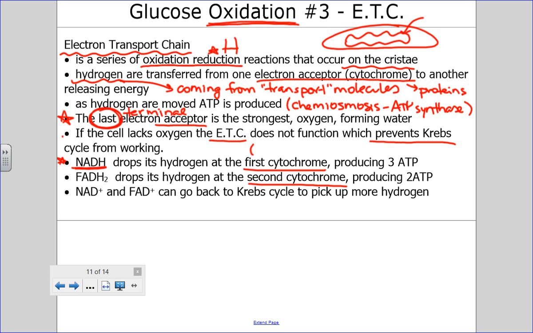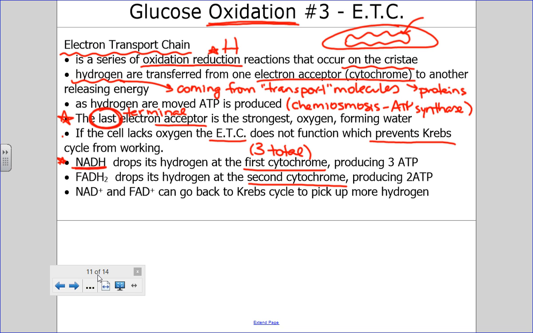And there are 3 total. So the one that drops its hydrogen off at the first cytochrome has 3 spots to move. It makes 3 ATPs. The one that drops its hydrogen at the second cytochrome only has 2 spots to move, so it only makes 2 ATPs.